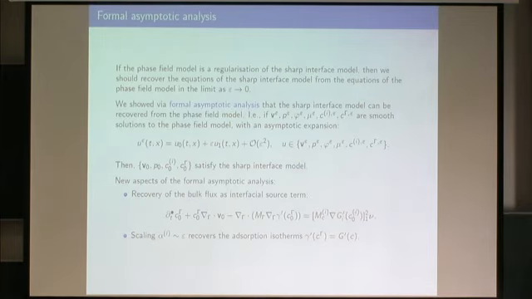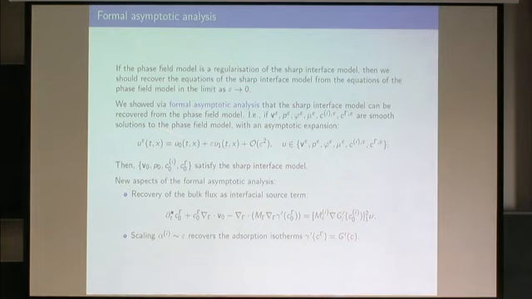I've mentioned that the phase field model can be seen as a regularization of the sharp interface model. And so it's a natural question to ask what happens when we send epsilon to 0. What we've done is use a formal asymptotic analysis to recover the sharp interface model from the phase field model.